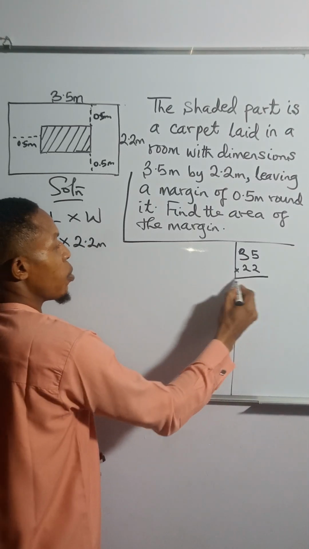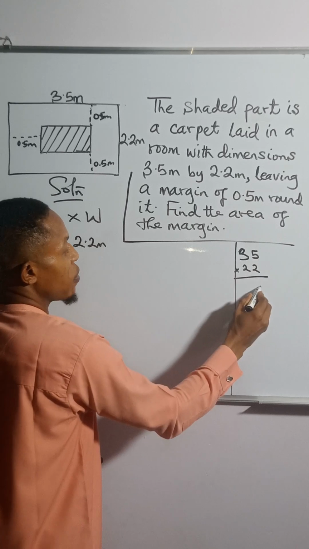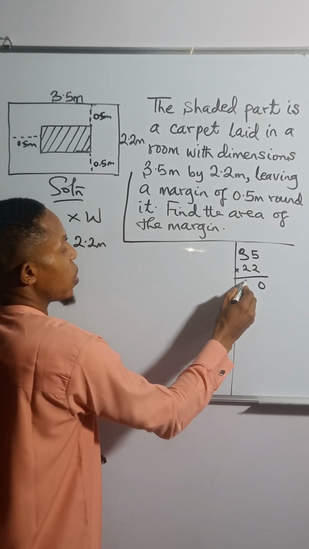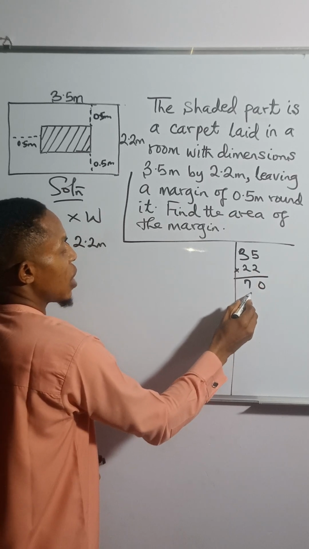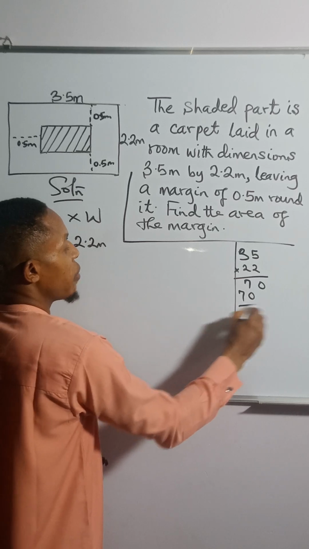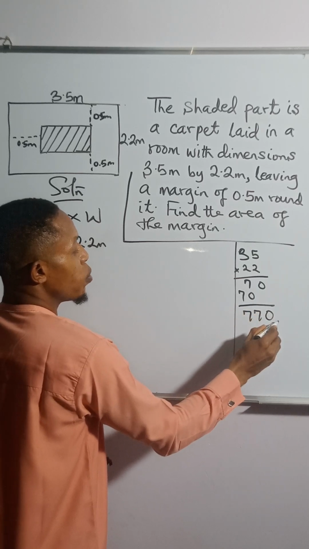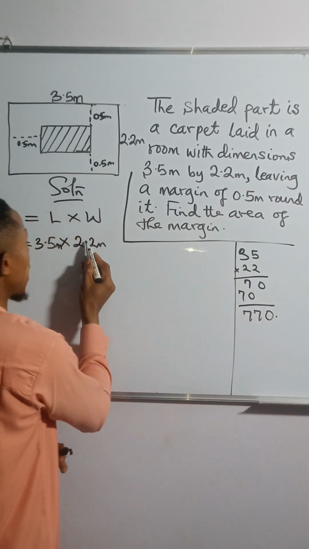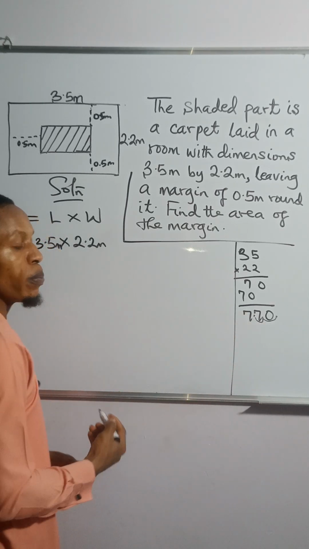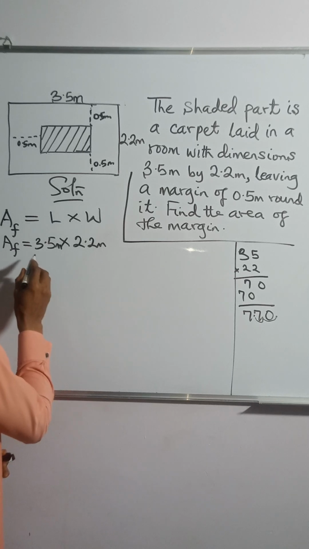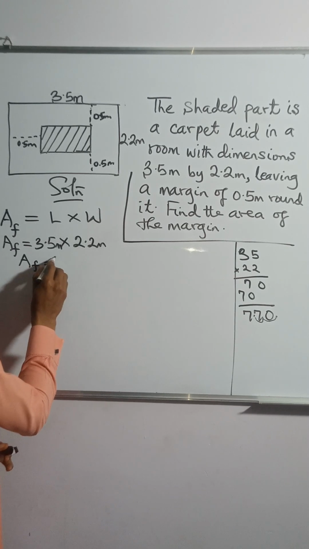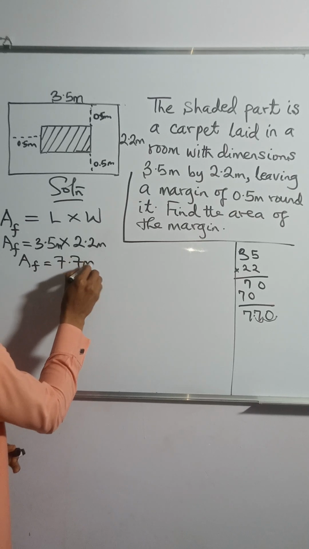So when you multiply this, 2 times 5 will give us 10, write 0, carry 1. 2 times 3 is 6 plus that one, 7. You have 770. So you put the decimal point back in 2 places. So we have 7.7. So the area of the floor will be equals to 7.7 meters squared.